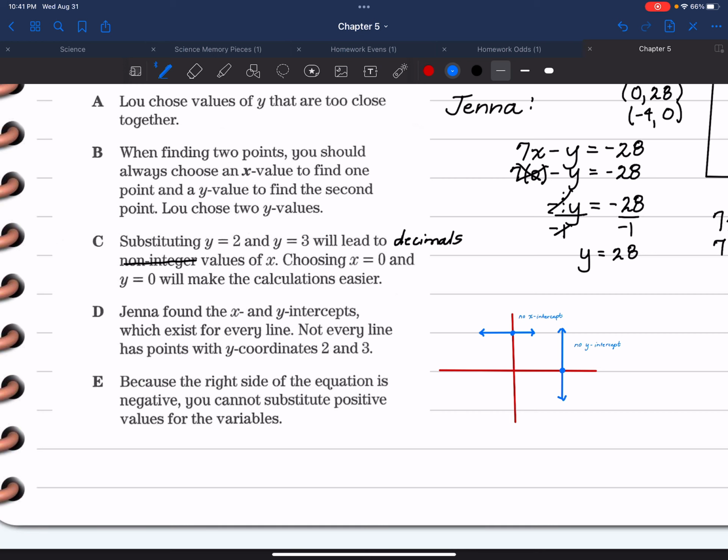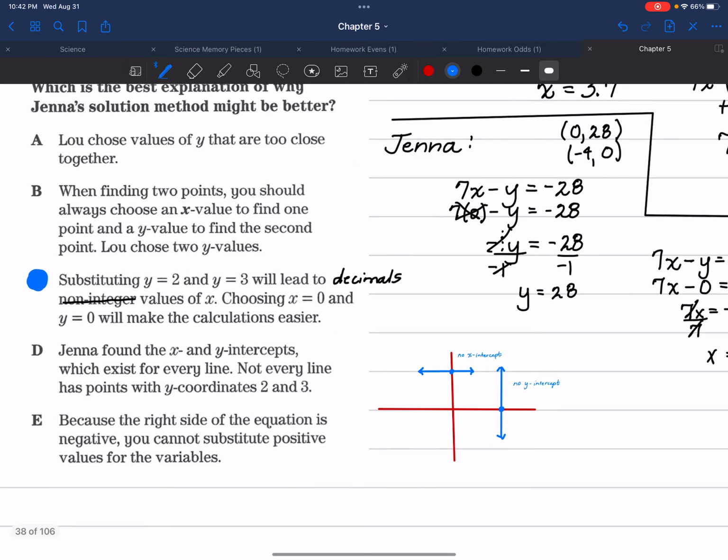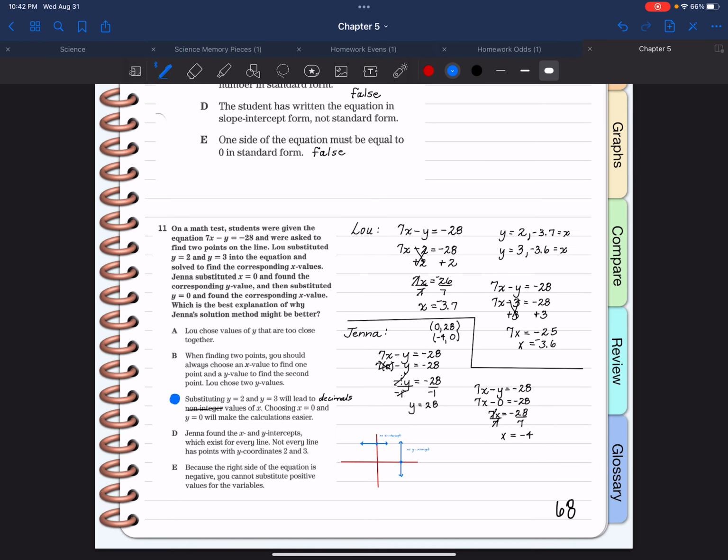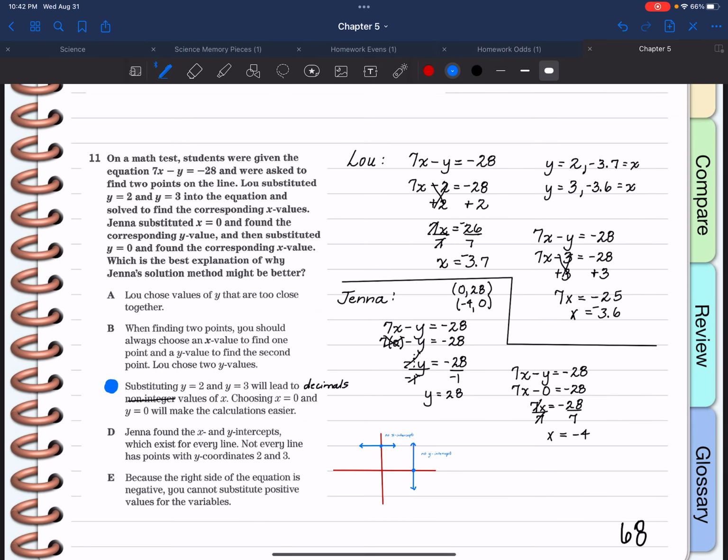And E, because the right side of the equation is negative, you cannot substitute positive values for the variables. You can substitute anything you want to. So C is the answer that we want. This is a theory question, and these are always tough. That is really testing how deeply you understand the material.